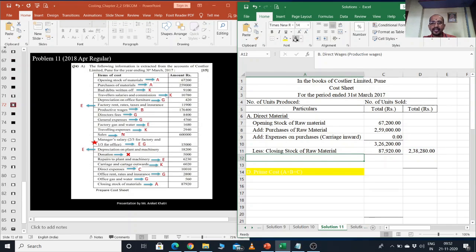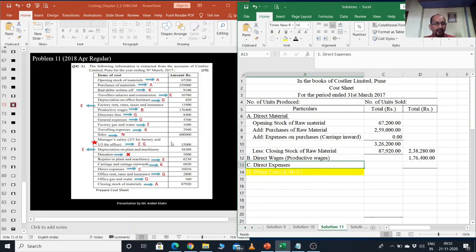Next item is direct wages, or in this example they have mentioned productive wages, so you can write that name also. It is one and the same. 1,76,400. Next is our direct expenses.